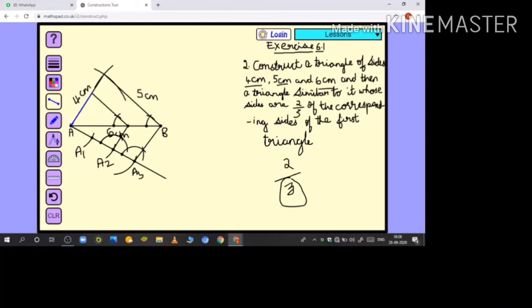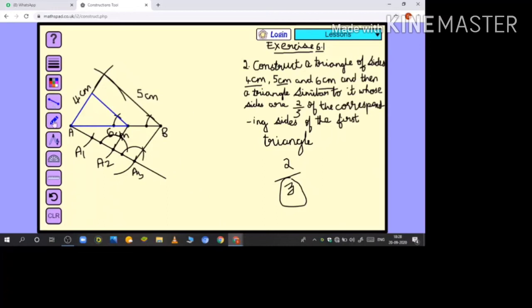You can see the blue length there. So, AC dash B dash is the new triangle obtained, whose sides are 2/3 of the corresponding sides of the big triangle ABC.